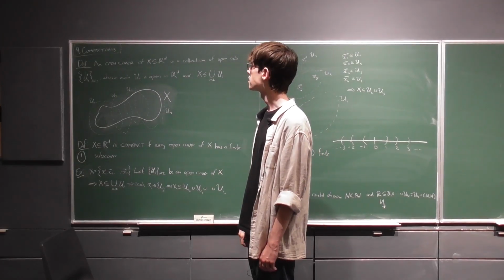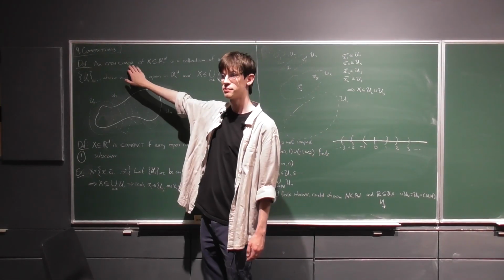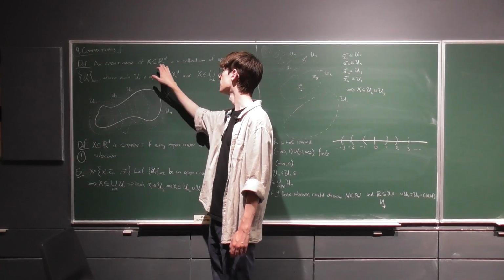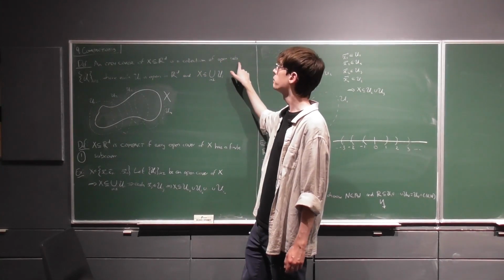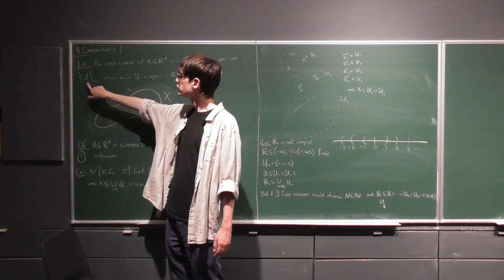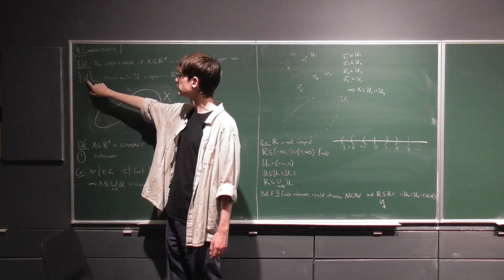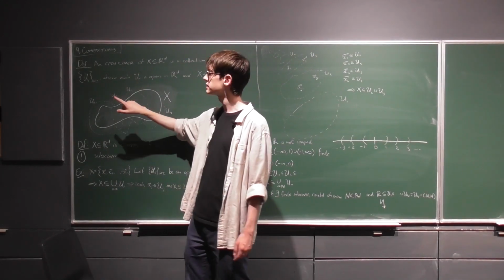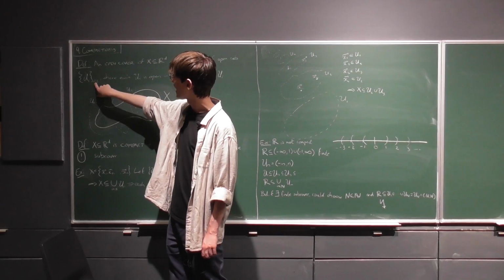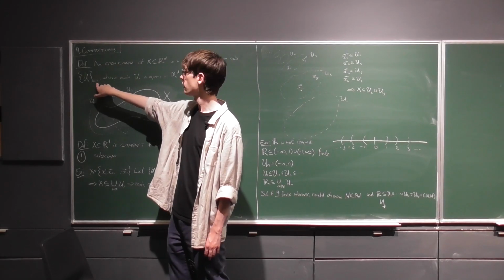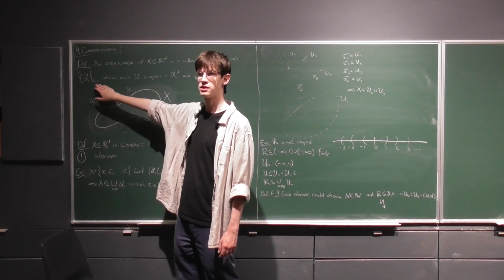So we say that an open cover of any set in R^d is a collection of open sets. Here it's U sub i to show that each U_i is one of the sets. And here I have i an element of large I, capital I. This is common notation you use.